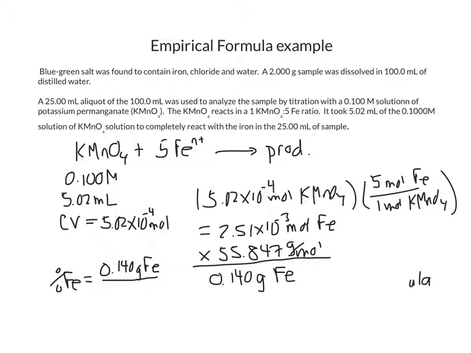And so I actually only used 2 divided by 4 equals 0.5 grams of sample. So this 0.14 grams of iron is in 0.5 grams total of my sample. And so the percent iron in this sample is 28.03% iron.